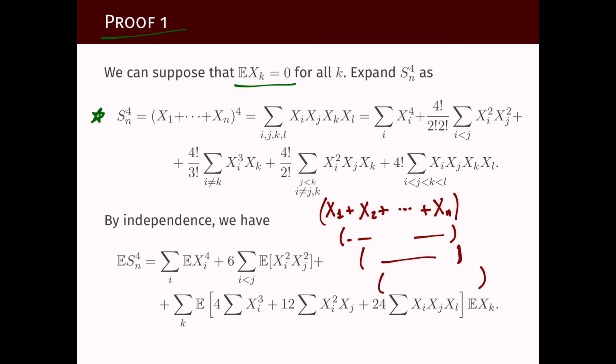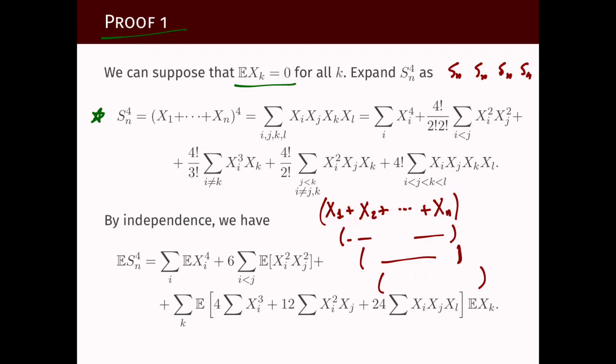So what does it mean, by the distributive property of products, to consider Sn times Sn times Sn times Sn? Well, that means we're going to pick one of the terms here, and one of the terms here, and one of the terms here, and one of the terms here, and multiply them. And we're going to do this for all possible different combinations of how to choose terms from these expressions.